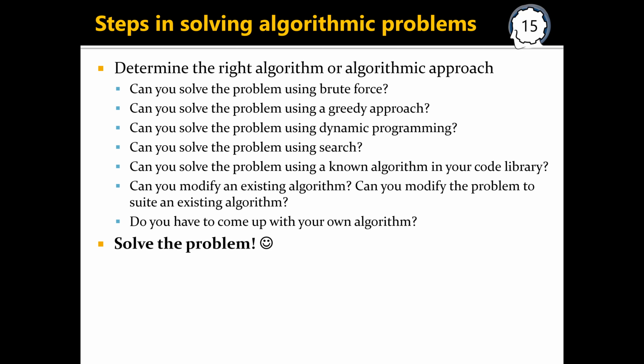And in the worst case, you have to come up with your own algorithm, but that also happens. So now you have figured out what the right approach is. Now you just need to solve the problem, which of course is easier said than done. So this is a general outline of the process of solving it.